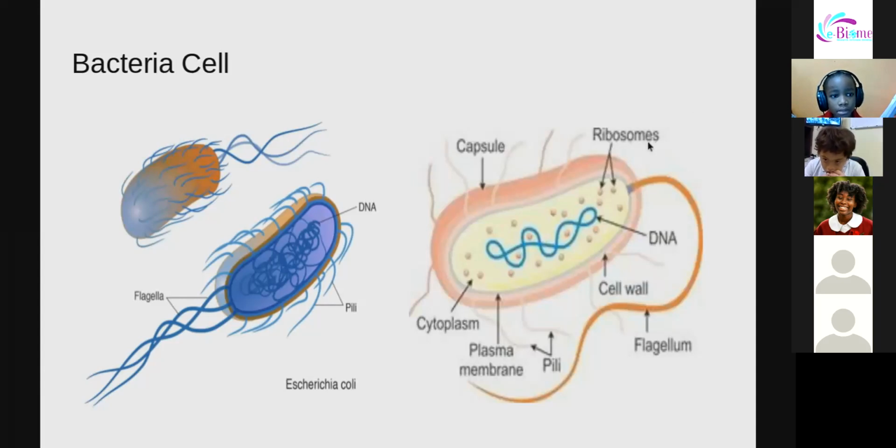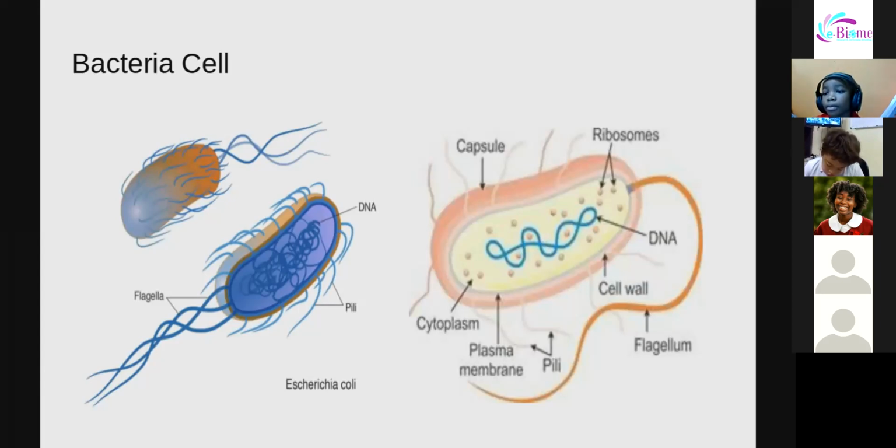And we have ribosomes. Ribosomes are what makes proteins. Anyone know what a protein is? I'm sure you guys know what protein is. Yes, sir. Unlike human cells, bacteria cells do not have a nucleus. We say the nucleus is like the brain of the cell.